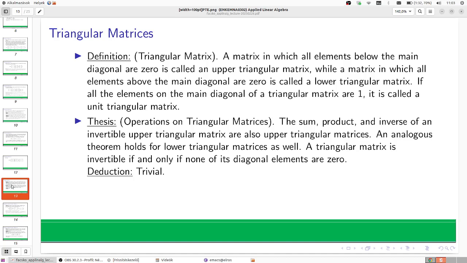Yes, one condition of the inversion is to have a non-zero determinant. The triangular matrix determinant is the multiplication of all elements in the main diagonal. So if there is a zero on the diagonal, then the determinant is 0, and there is no inverse.